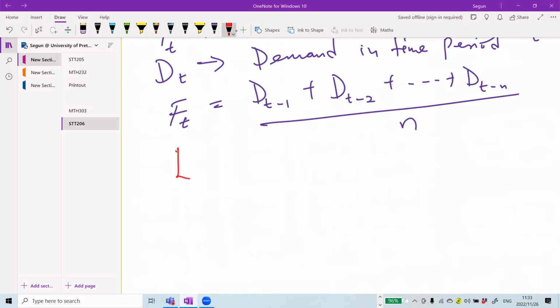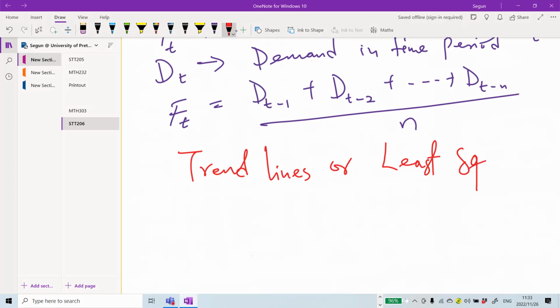Let's look at this one, trend line. Trend line, or they call it trend lines, or least squares, either of the two, trend line or least squares. What do we use this for?